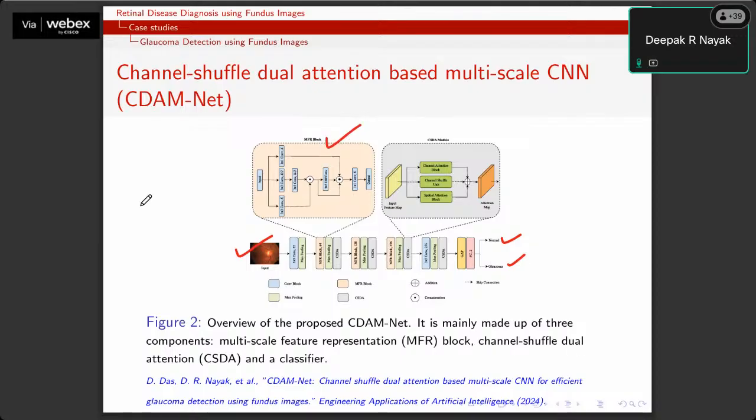There are several blocks you might have heard about, like the residual block and dense block, but this block is very different from them. You can see over here, sometimes we apply a sequence of 3x3 filters, sometimes a single 3x3 filter. The idea was to increase the receptive field size and ultimately analyze the features at different scales.